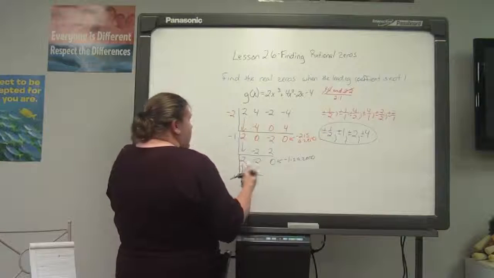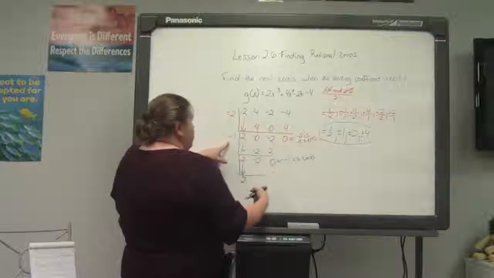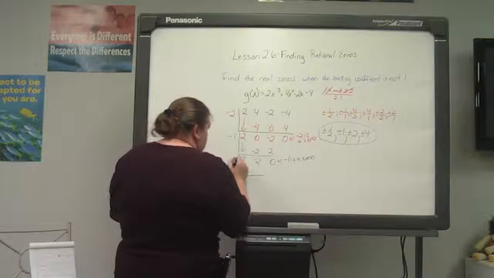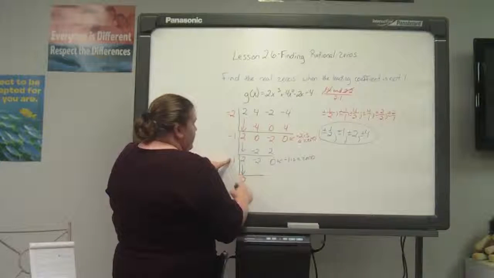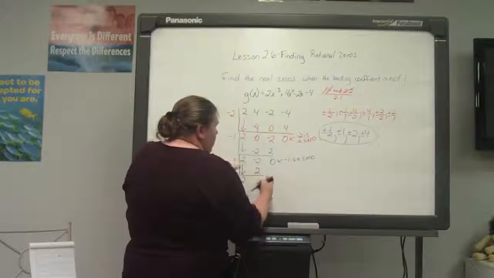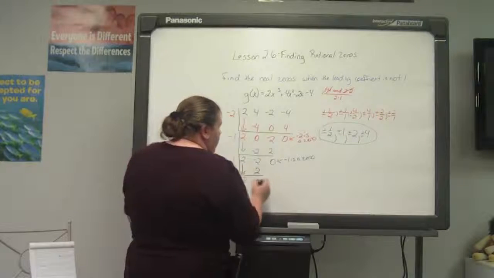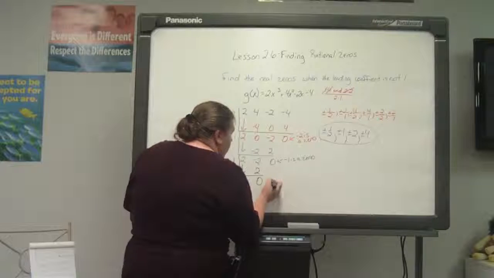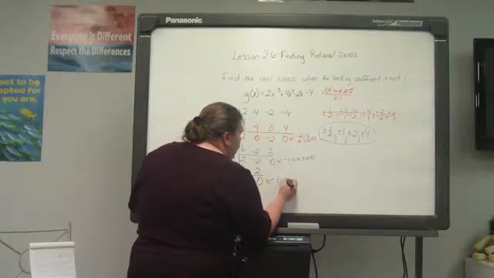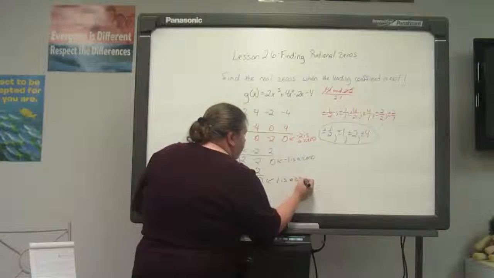And so I think, okay, well, this time, how about I use my positive 1? And so 1 times 2 gives me 2. A negative 2 plus 2 gives me 0. So 1 is a 0.